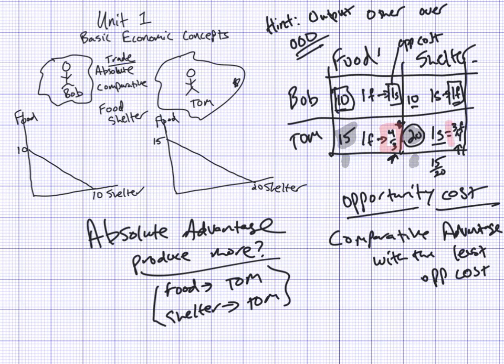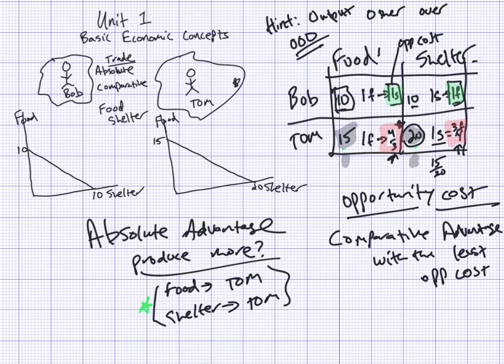So what we can do is compare all of these different opportunity costs. We'll highlight those for Bob and Tom in green and red. And then you can start to decide, well, who is better at doing what? So we already determined that Tom has an absolute advantage in the production of both goods, right? So Tom can produce 15, Tom can produce 20.